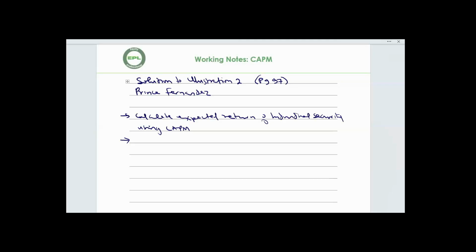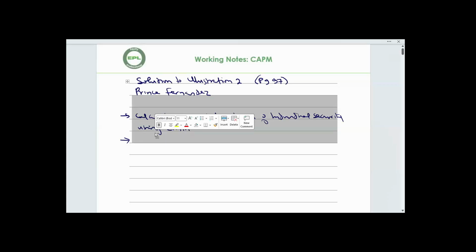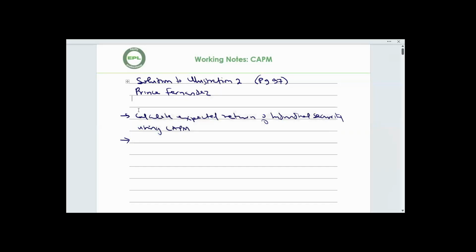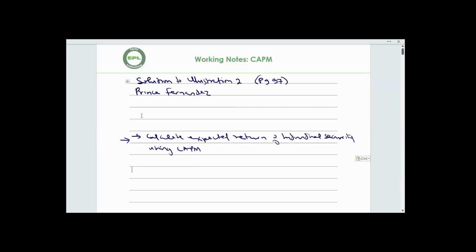Let me copy this and paste. The first step, step one, is to calculate the beta value of each security.